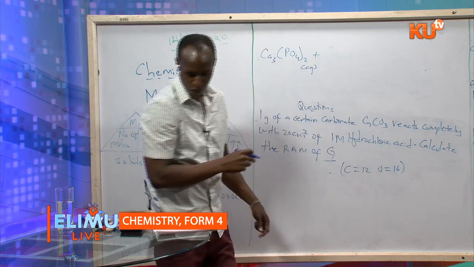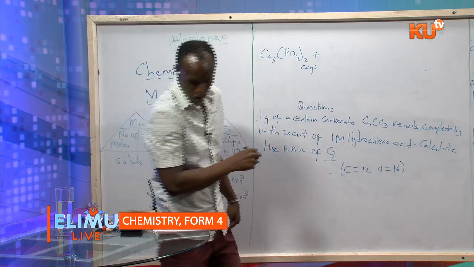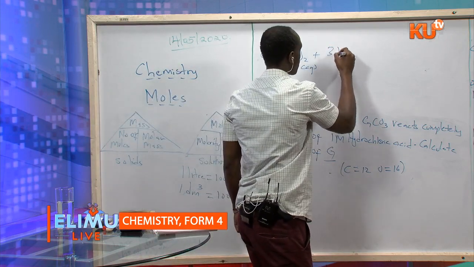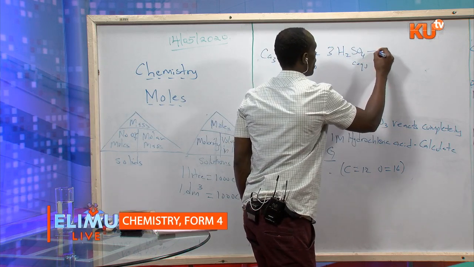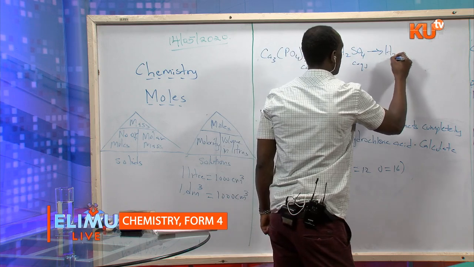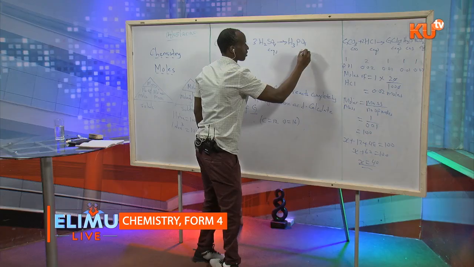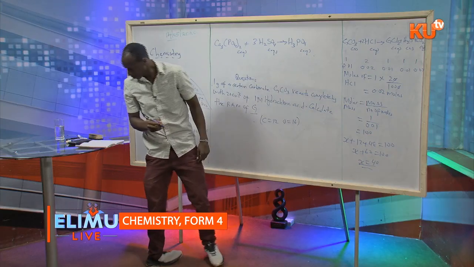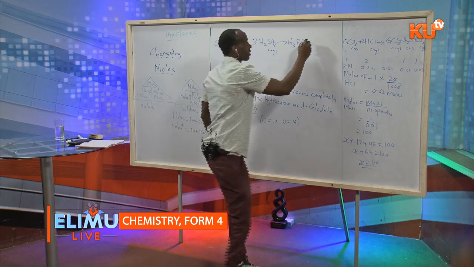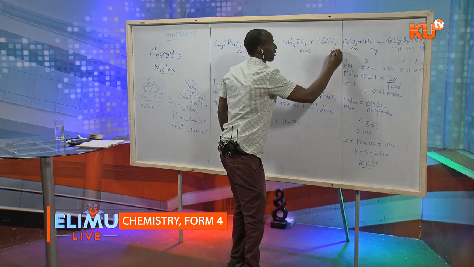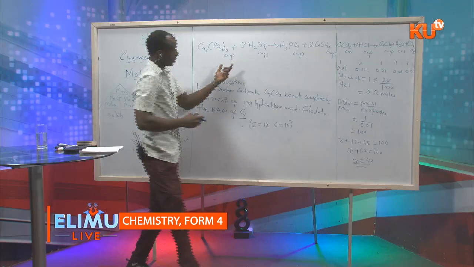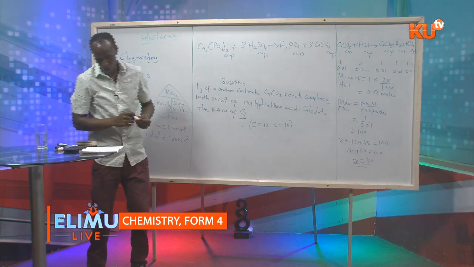So you take calcium phosphate plus sulfuric acid, you get your phosphoric acid, H3PO4, plus calcium sulfate. So the equation is balanced, so it helps you to know the mole ratio.